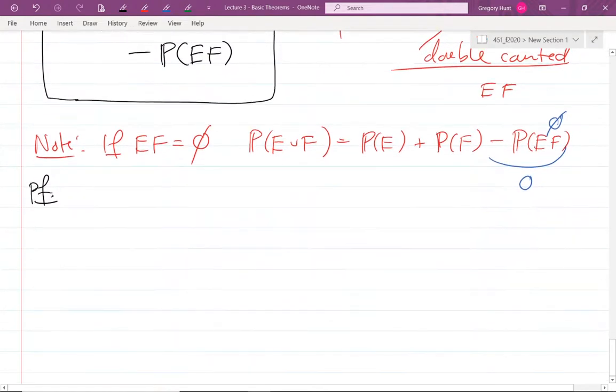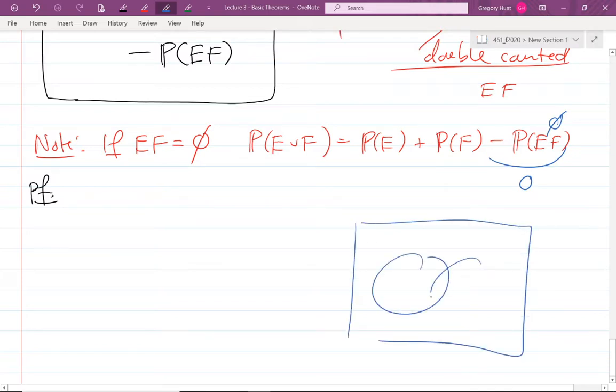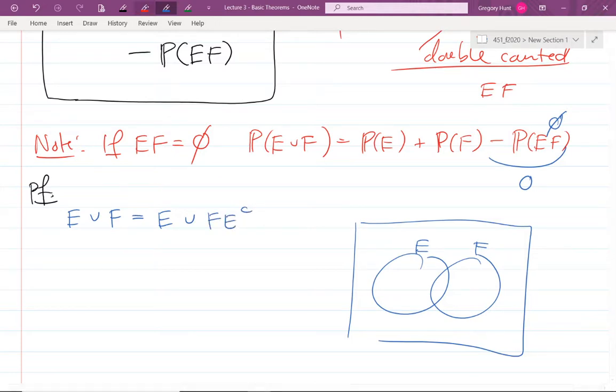Okay, proof. Let's draw a picture. Here's E, here's F. I'm going to claim that E union F can be written as E union FE complement. And that seems reasonable.